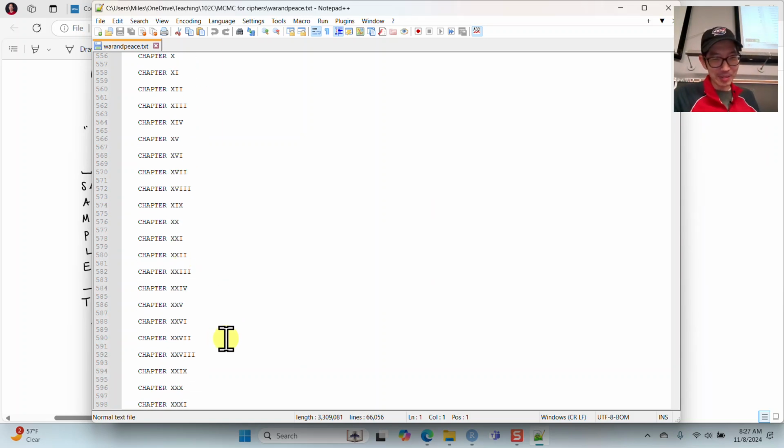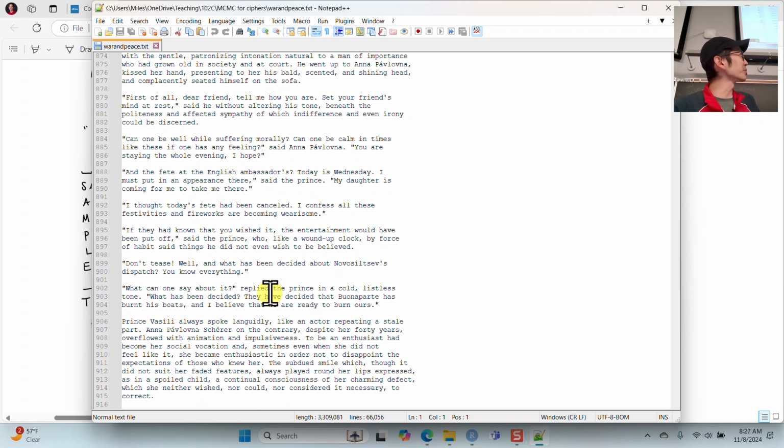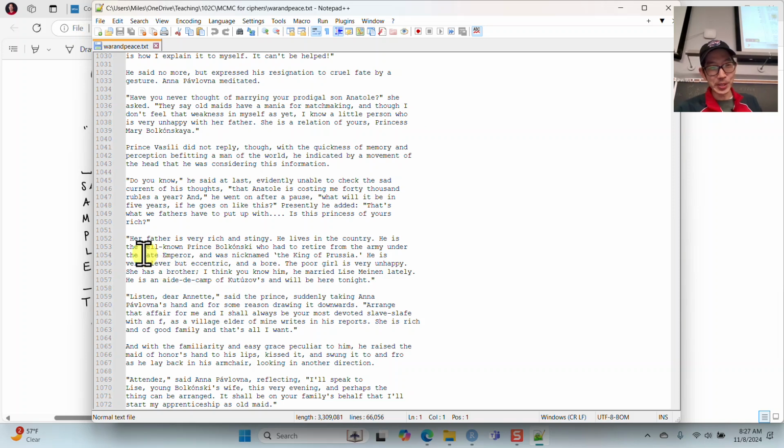And actually, what our script does is it reads through this, and it looks at every single thing, and it says, okay, her father is very rich and stingy. It's going to look at every two-letter thing, and it says, okay, here I observed HE, and it puts in a tally under HE.